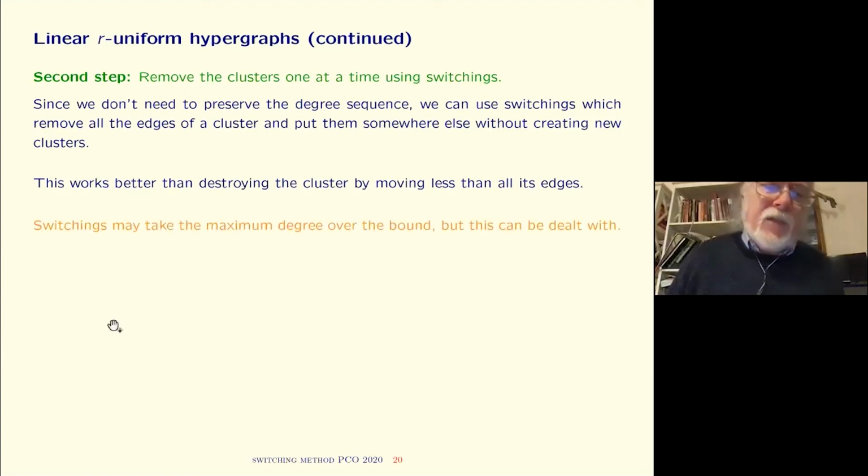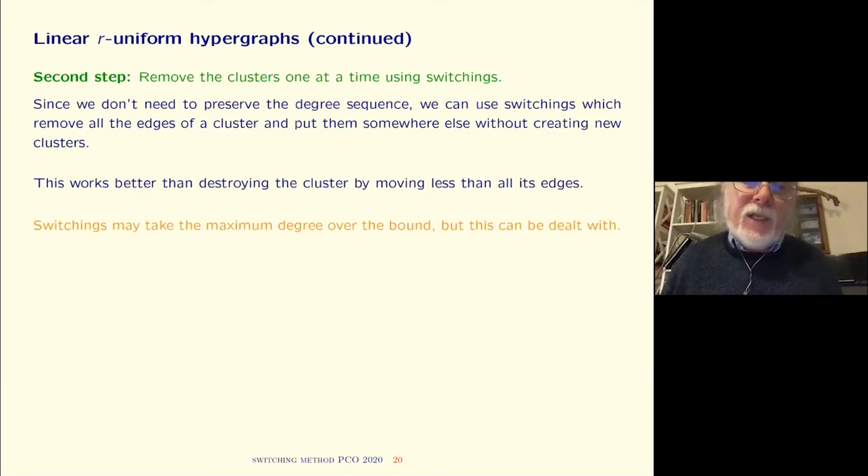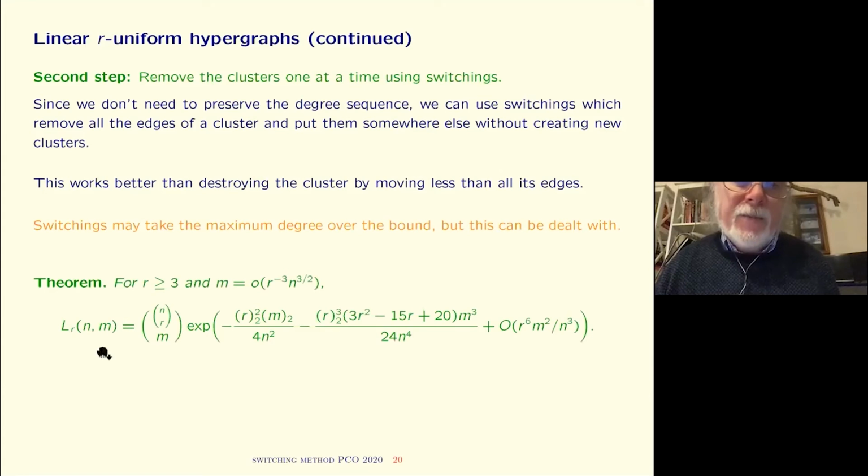There's a slight difficulty in that switching might take the maximum degree over the bound that you've made, but this can be dealt with a bit of effort. It turns out to be not a big problem, and we get an answer like that. Now, the binomial thing out the front, of course, is the number of R-uniform hypergraphs with M edges.